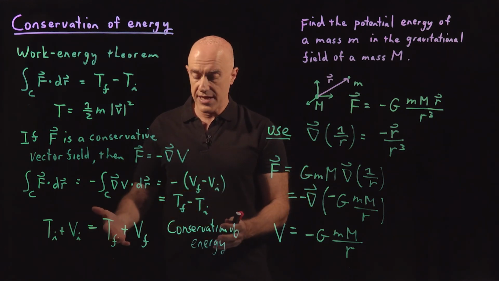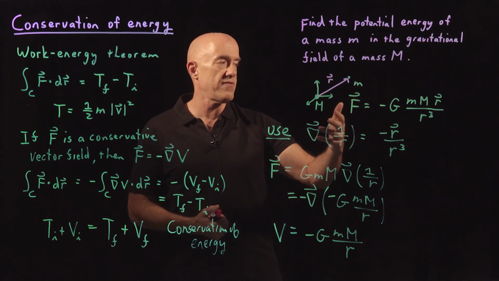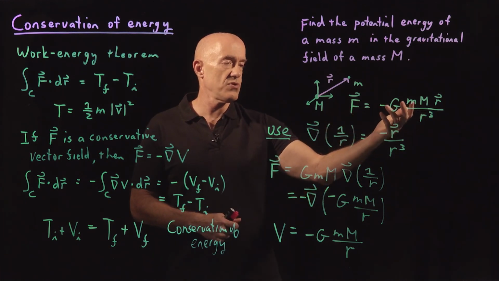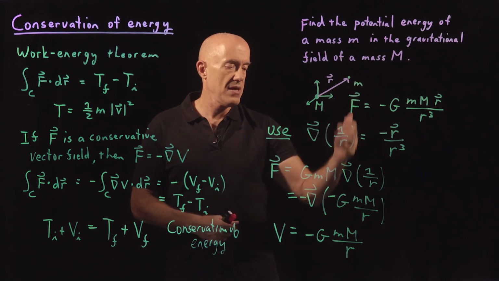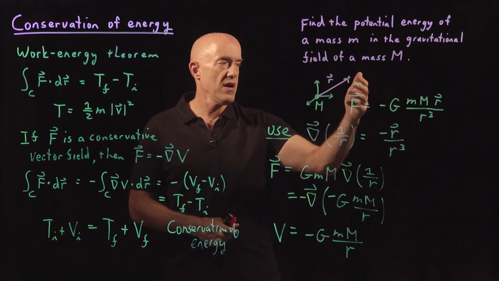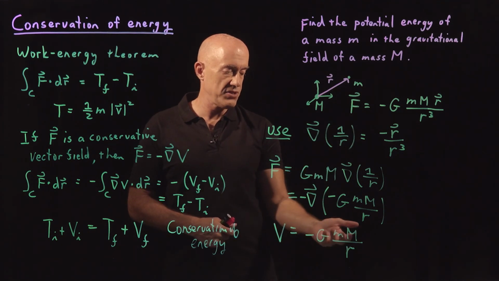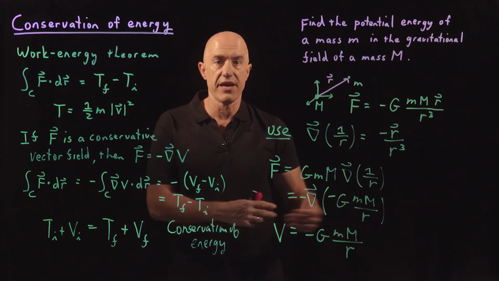We can use the conservation of energy law if we know the potential energy of a given force. Here I look at the force due to a mass big M on a mass little m. The potential energy of little m in this force field is given by minus G little m times big M divided by r, a scalar field.